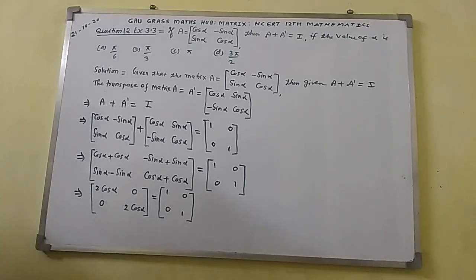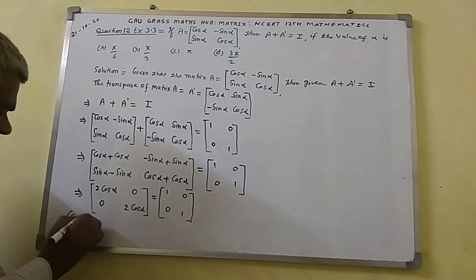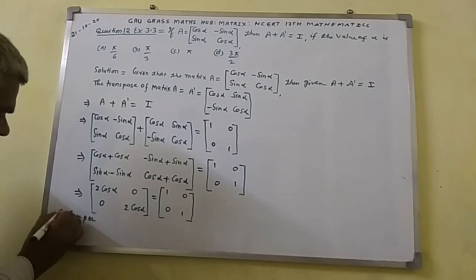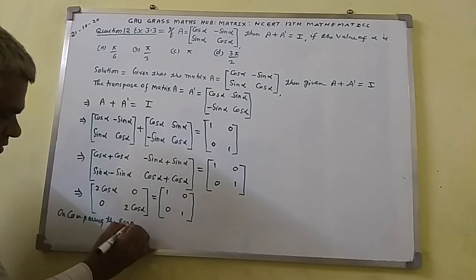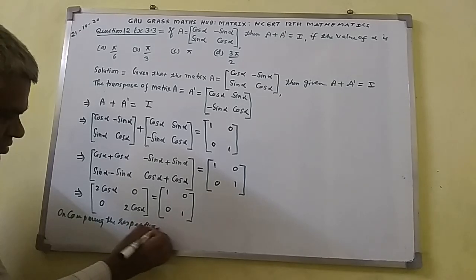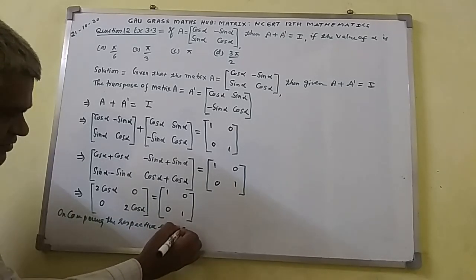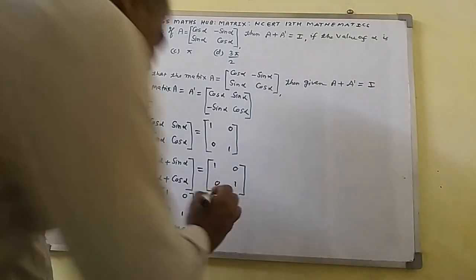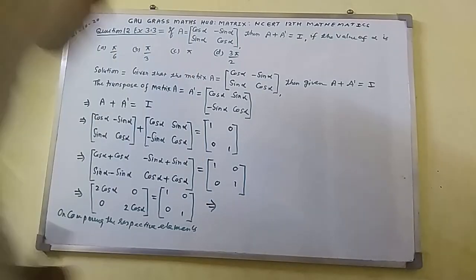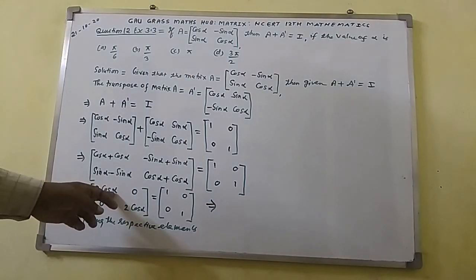Now comparing the respective elements, we will get here, implies that here you can see 2 cos alpha equal to 1.